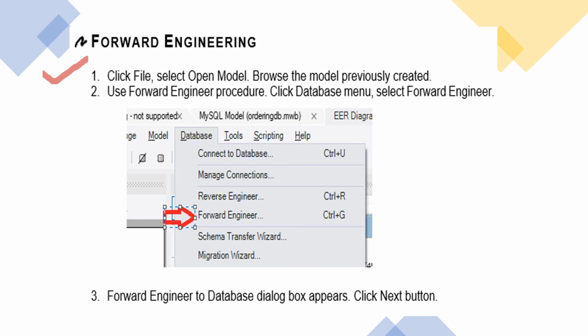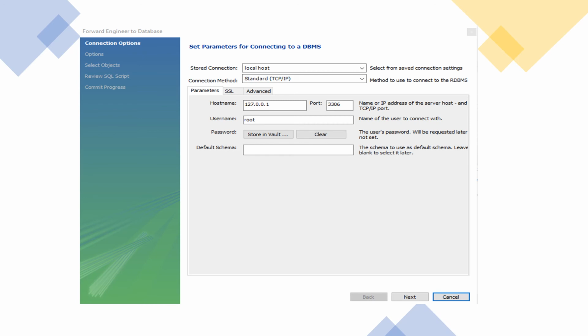Use the Forward Engineering procedure: click the Database menu, then select Forward Engineer. Next, the Forward Engineer to Database dialog box appears, and then click the Next button. So this is the procedure.